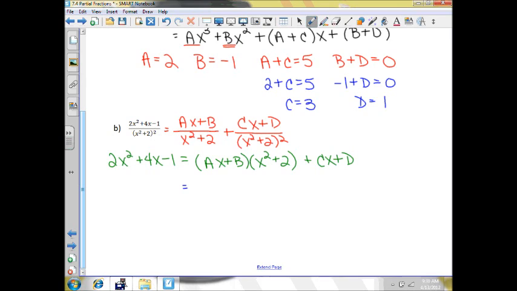Doing some mathematics and simplifying, we'll have ax cubed plus bx squared plus 2ax plus 2b plus cx plus d.